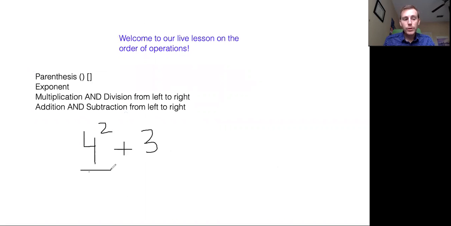So 4 squared, if we're going to evaluate that, that would give me 4 times 4, which is 16, plus 3. I don't have any other exponents. I don't have any multiplication and division. I do have addition. I have 16 plus 3. It's my last operation. That's going to give me 19. So 4 squared plus 3 simplifies into 19.